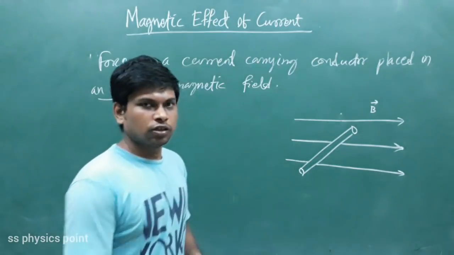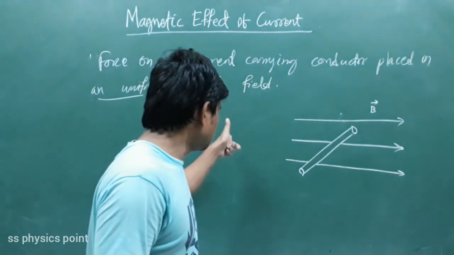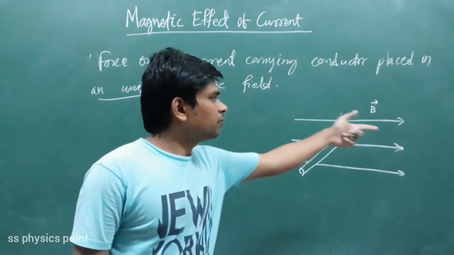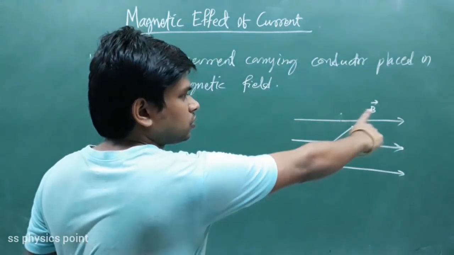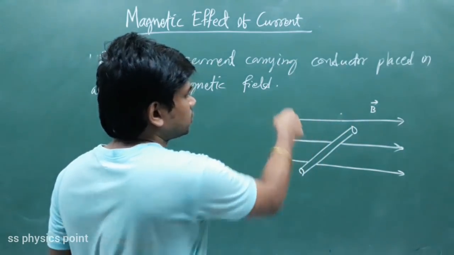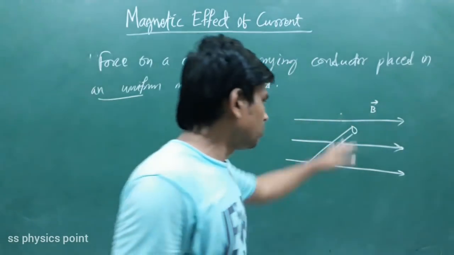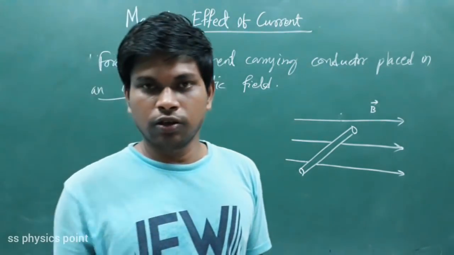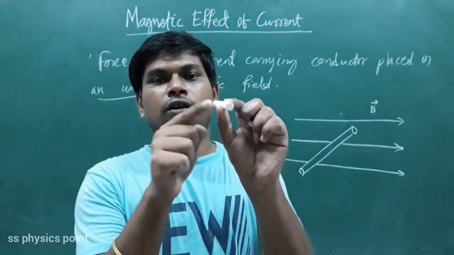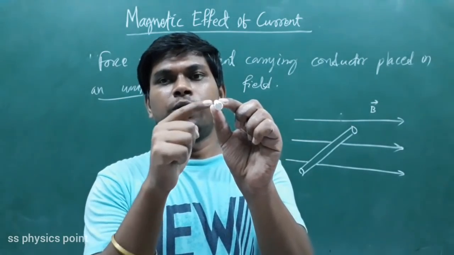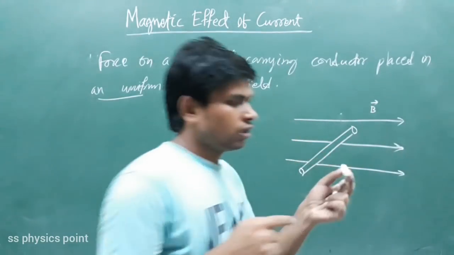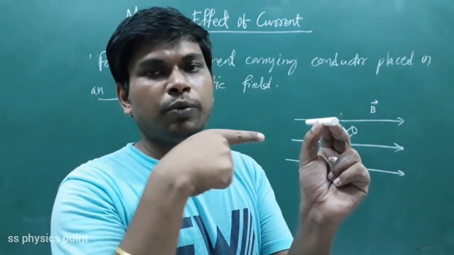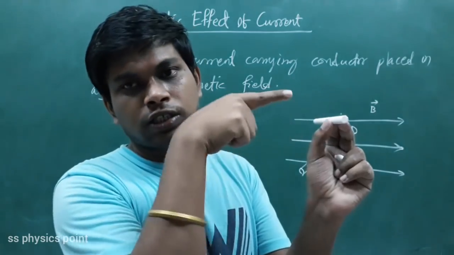The conductor is inward to the plane of paper, and the magnetic field is towards this side. I am drawing the figure like this so that you can see the conductor is inward to the plane of paper.